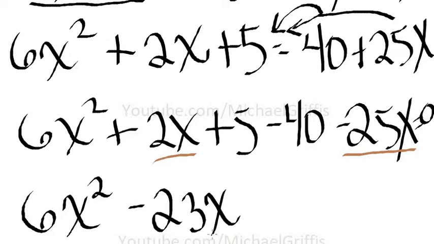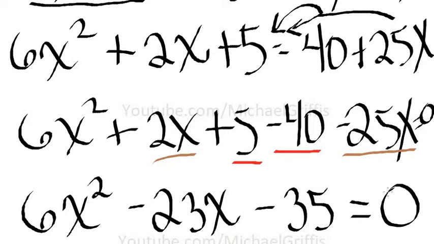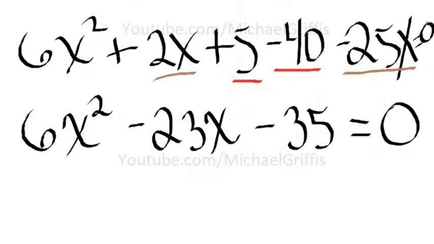And then we have, in a different color here, 5 minus 40, which gives us a negative 35, and that's all equal to 0.